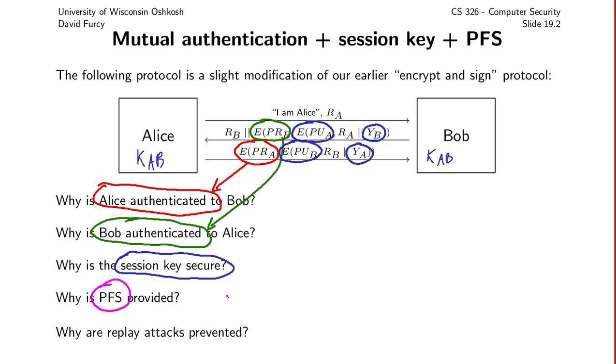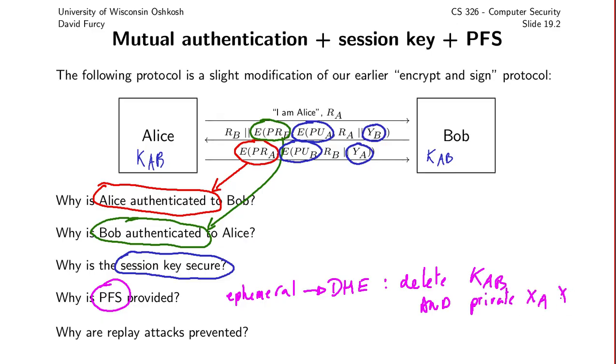As long as we use an ephemeral version of it, that is, the so-called DHE version of it, then perfect forward secrecy is going to be enforced, because remember, at the end of this session, not at the end of these messages, but after all the messages are being encrypted with the shared key, the two parties are supposed to delete both the shared key and their private values, x sub a and x sub b.